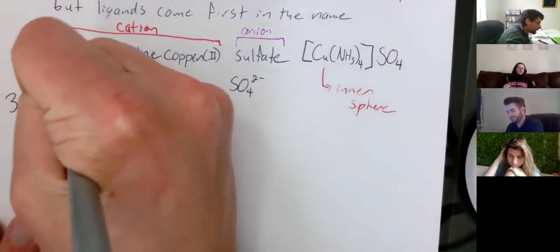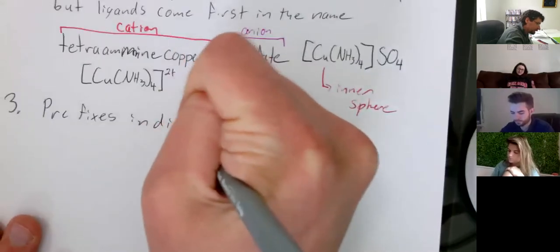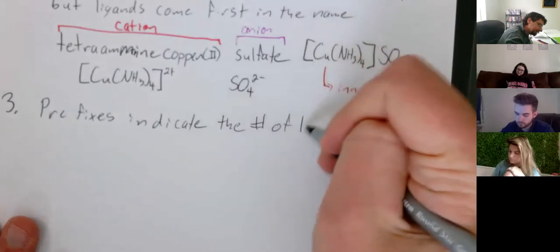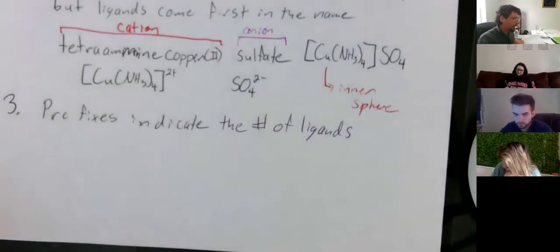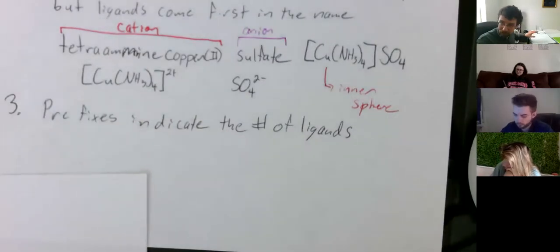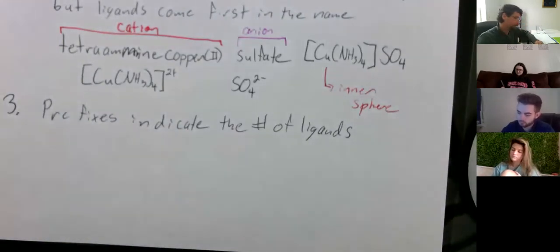Rule 3: prefixes indicate the number of ligands. And there are two sets of prefixes: there are ones for simple ligands, and there are ones for complicated ligands.